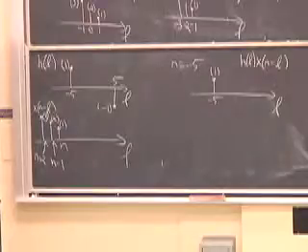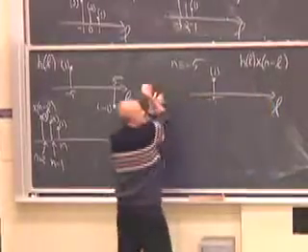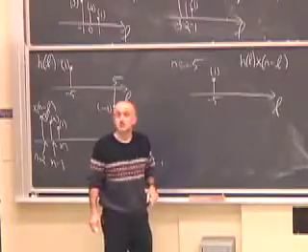You've taken the pointwise product of these two signals, and now you sum over all the values of that product. What do I get? 1.